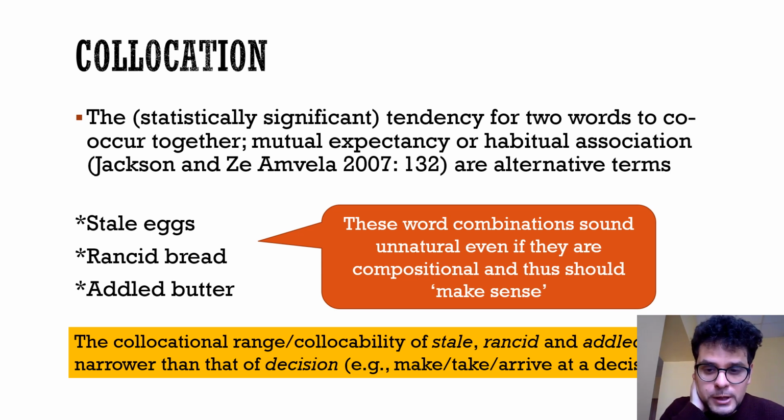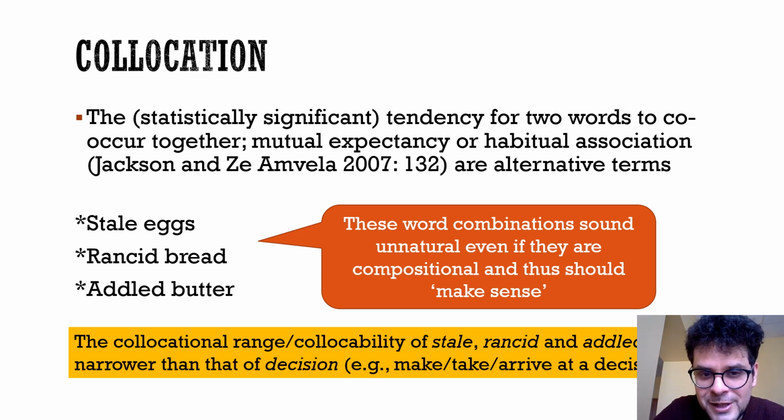Yeah, so we can also take the example of to make a decision. That's also a collocation. However, again, decision has a wider collocational range than stale or rancid or addled, because we can say take a decision, make a decision, arrive at a decision, and so on.